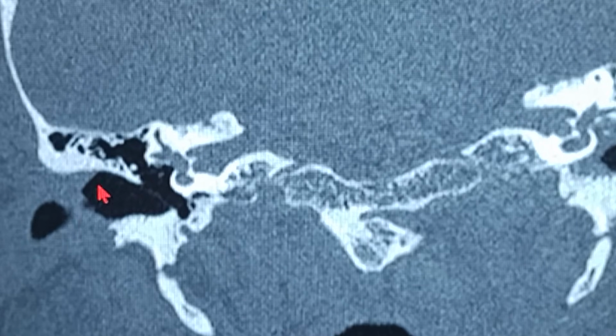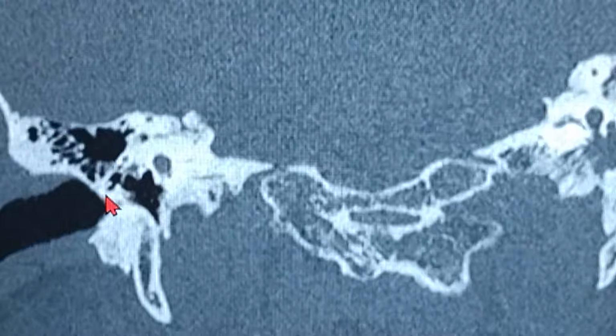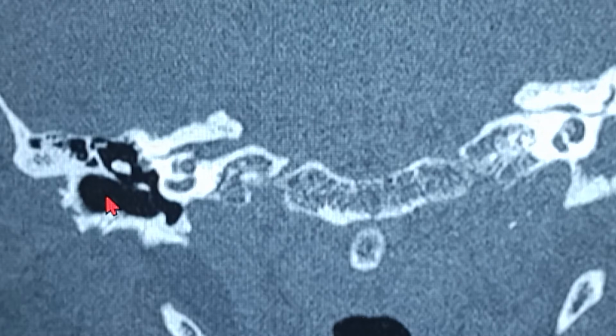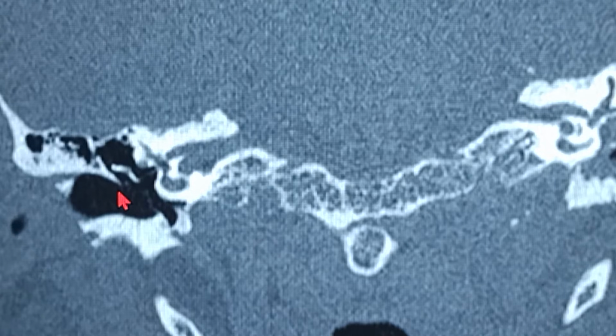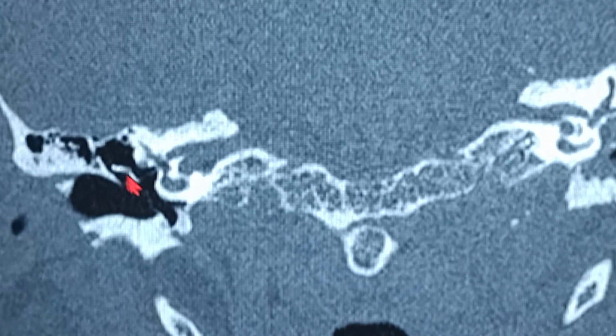That's the EAC. This is the middle ear cavity. You can see that's the external ear. That's the middle ear. If I can just zoom that and go behind. Okay, so that's the scutum, right? I need to show you the Prussak space. So you can see the ossicle over here.